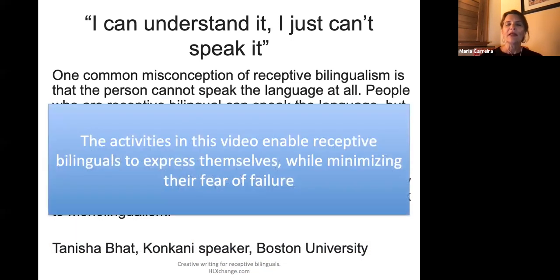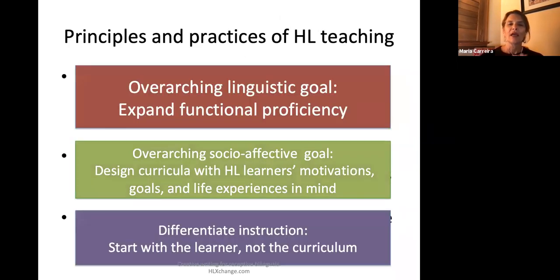With that in mind, the activities that I'm going to present are designed to enable receptive bilinguals to express themselves while minimizing the fear of failure. In so doing, these activities enable teachers to enact an important principle of HL teaching, namely to build on HL learners' motivations, goals, and life experiences.